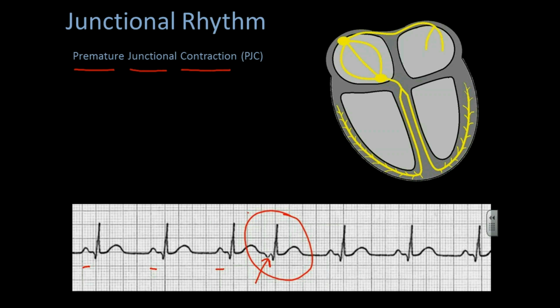That is an indication to me that the AV node initiated this by depolarizing the atria early and in a way that's opposite that of the normal sinus rhythm. So it looks like a PJC occurred, and that's what interrupted this. You can have one of these, you can have lots of them, it just depends.